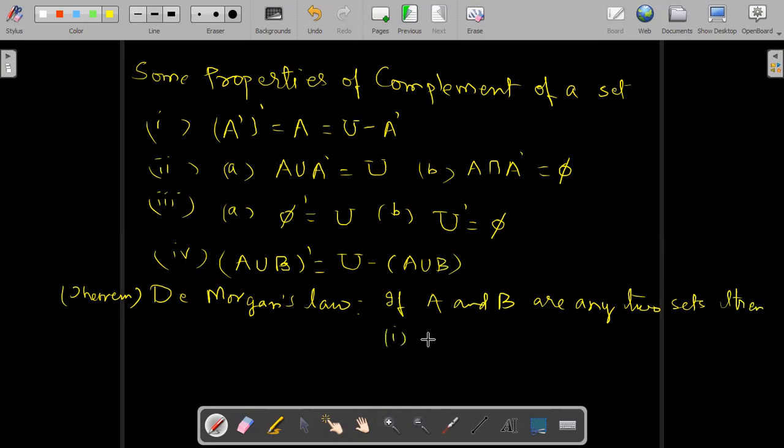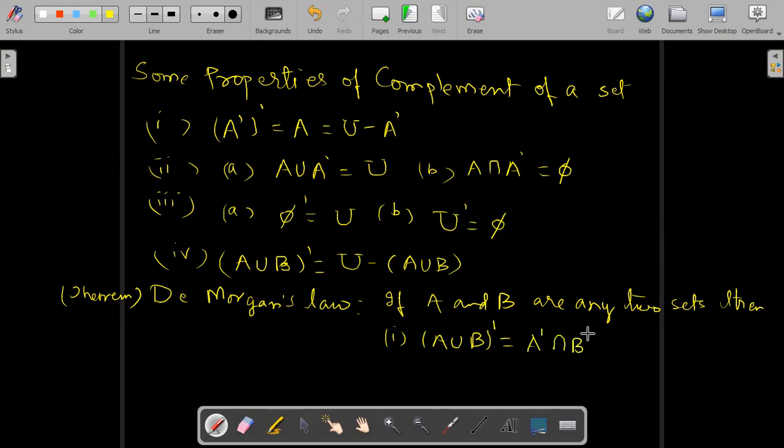If you first find the union of two sets and then its complement, it will be the same as finding the complement of the sets separately and then their intersection.